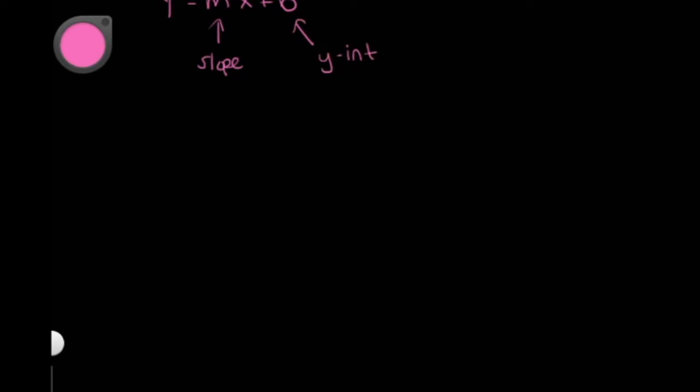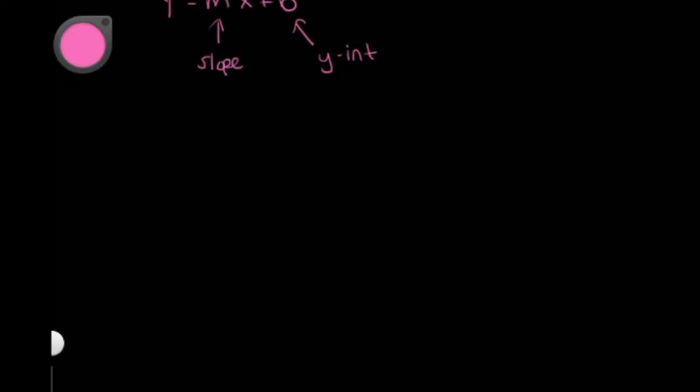So I want to go over with you how we find the equation of a line with some different parameters. So first of all, let's say that we have an equation that is y equals 2x plus 4.